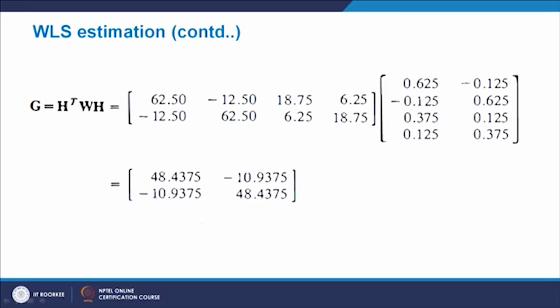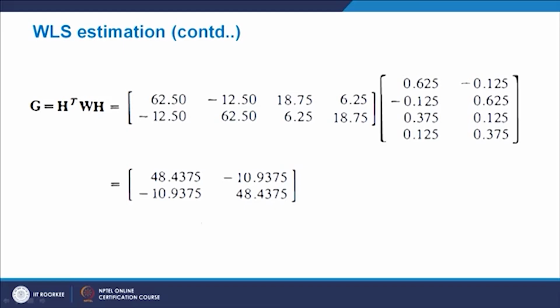In this circuit, n is equal to 2 because our unknown quantities are V1 and V2. So, our G matrix is a 2 cross 2 matrix. One thing we need to understand is that it is a symmetric matrix.